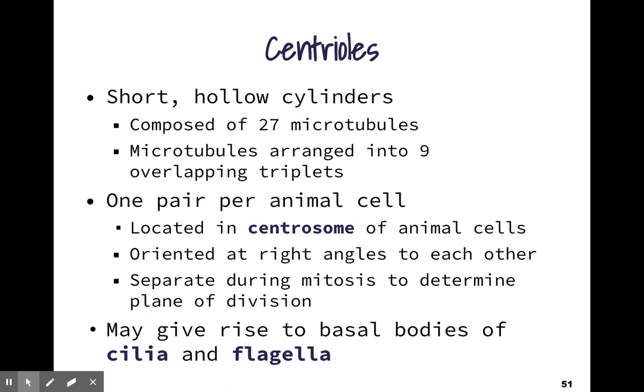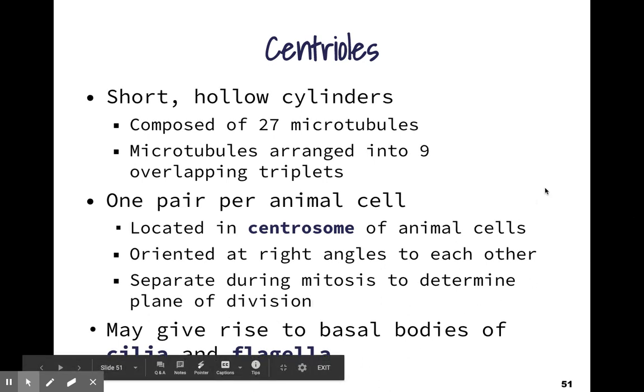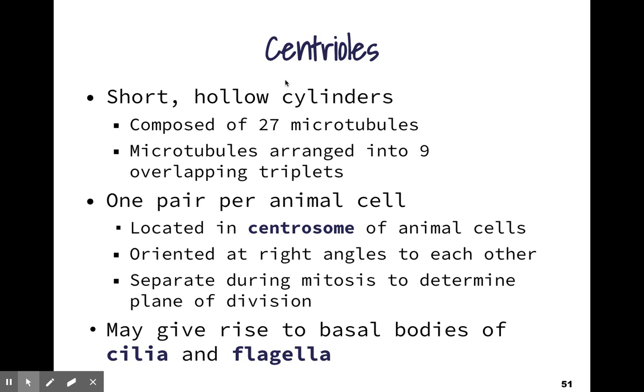They're located in the centrosome and are oriented at right angles to each other. They separate during mitosis to determine the plane of division. Centrioles basically attach to the chromosomes and help to move them around. They may give rise to the basal bodies of cilia and flagella, so centrioles also aid in the development of cilia and flagella.